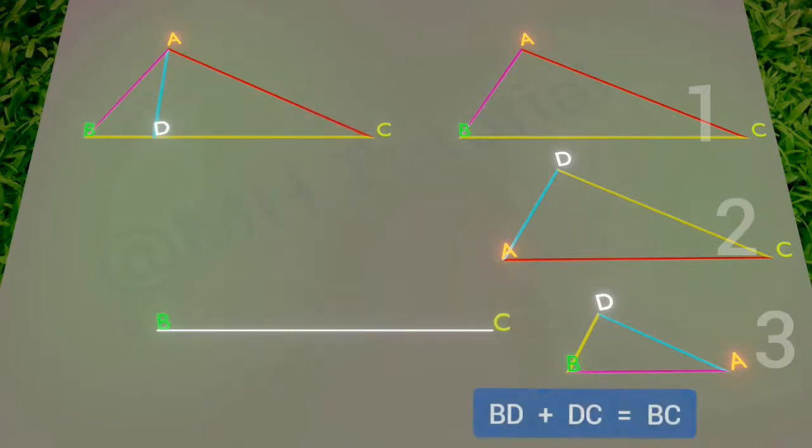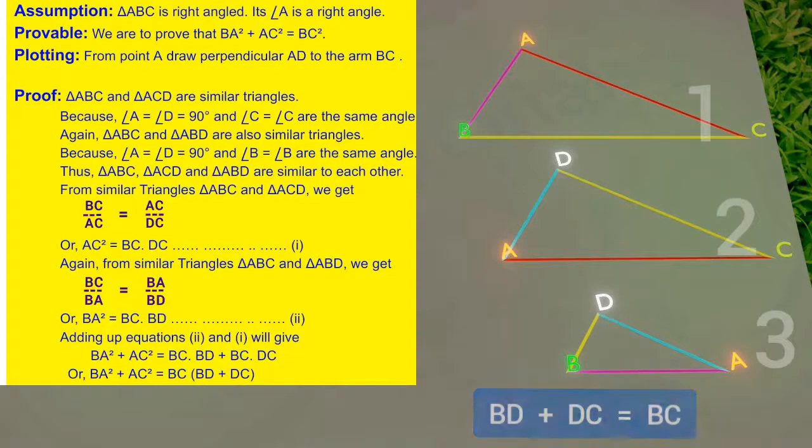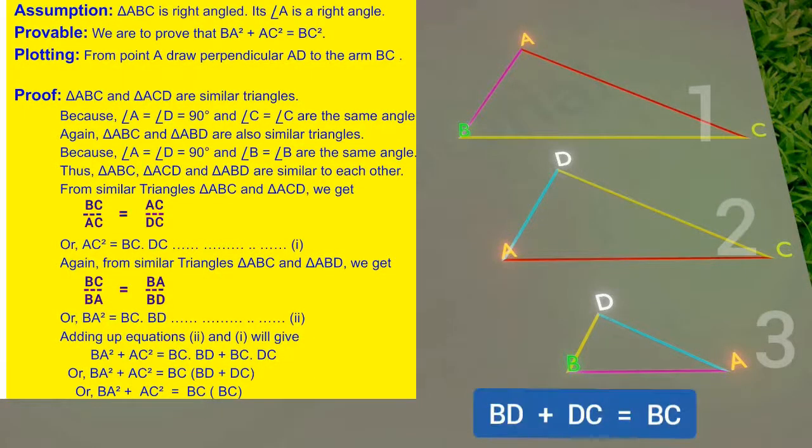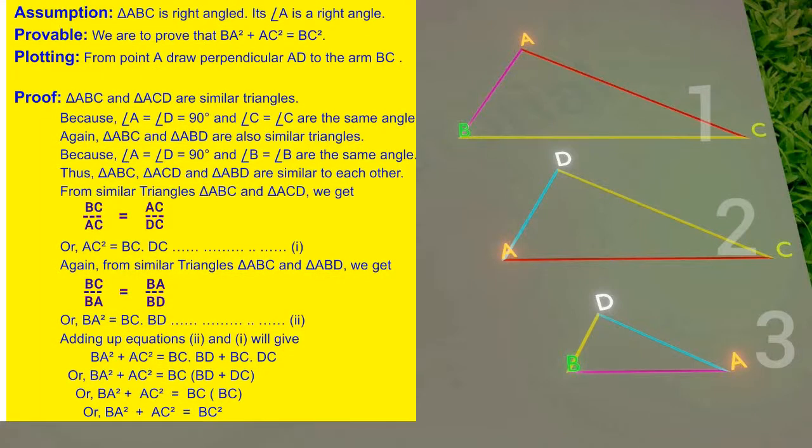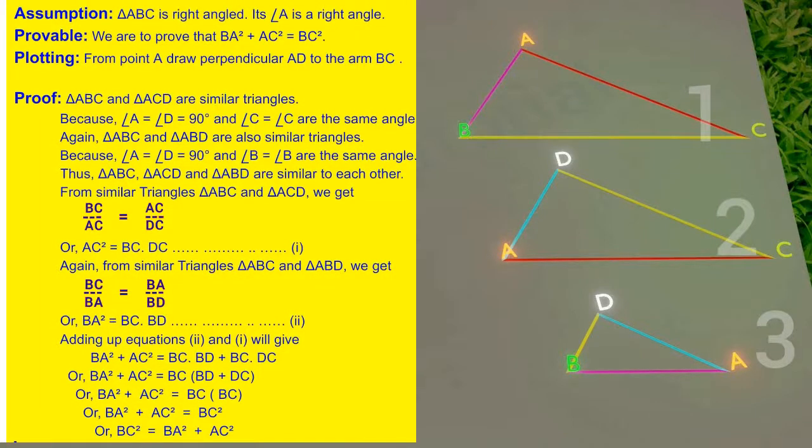Adding these two lengths gives BC. So, let's put BC inside the bracket instead of BD plus DC. Then we get BA squared plus AC squared equals BC into BC, or BA squared plus AC squared equals BC squared, or BC squared equals BA squared plus AC squared. This is the theorem of Pythagoras.